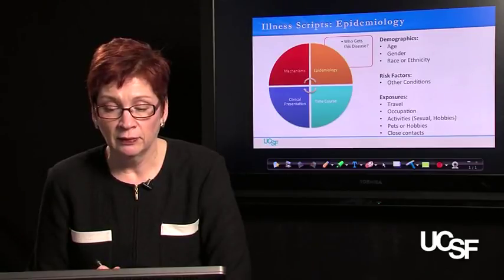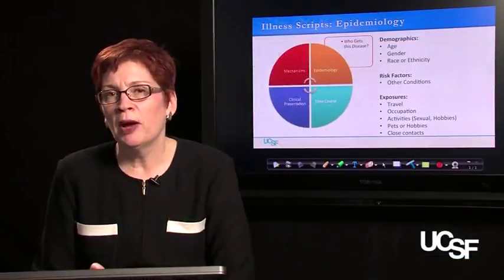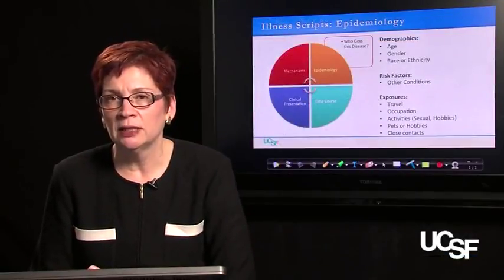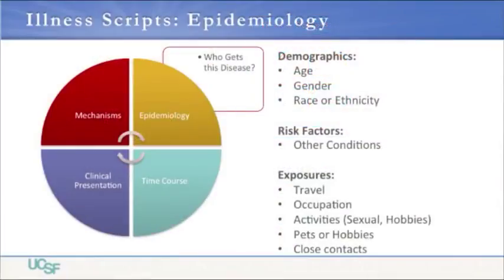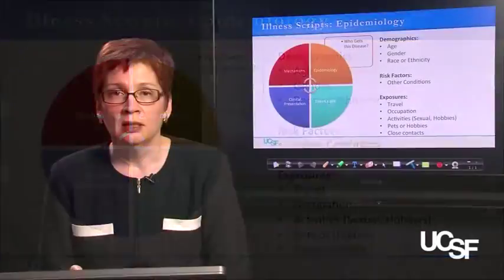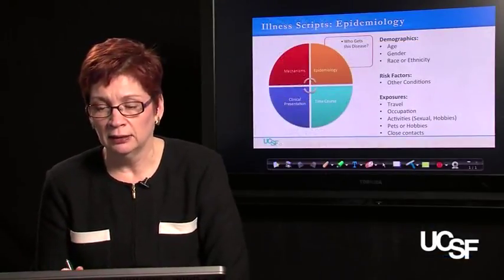So epidemiology in an illness script answers the question, who gets this disease? Who's susceptible to it? In which population of patients might I have to consider the possibility that this disease could be present? So this includes common information about demographics, for instance, age. There are some diseases only the elderly get, and some only the neonate gets.